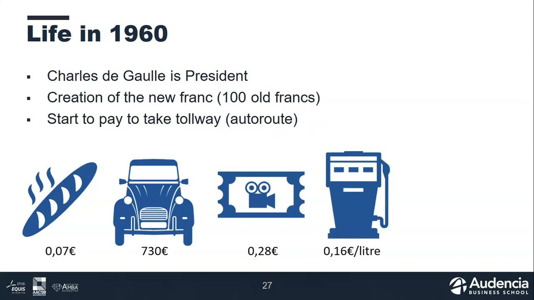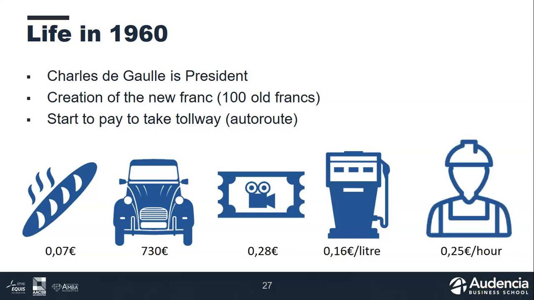A liter of gas cost about 16 cents. And what else do we have here? Wages, if I recall, were pretty low at the time relative to today, obviously, but about 25 cents per hour.